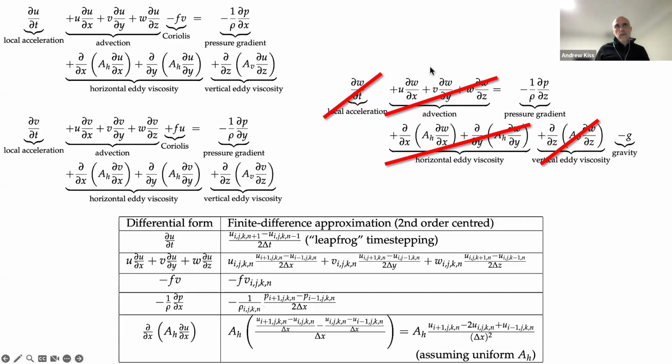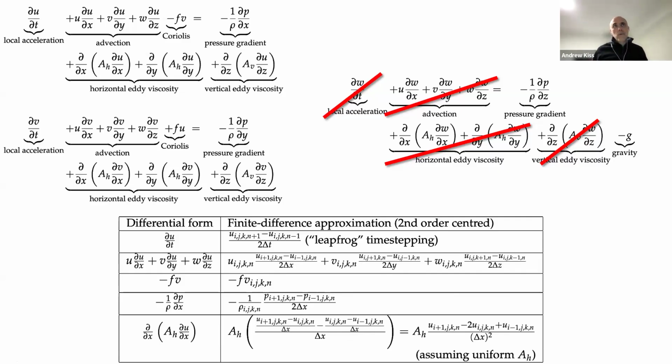So each of these terms can be written in terms of differences on a grid. And what I've written here is highly simplified. In practice, much more sophisticated methods are used, but this kind of gives you the idea. So each grid cell has an index, and you go to the next index to the left and the right, or north and south or whatever, and take these differences for these terms.